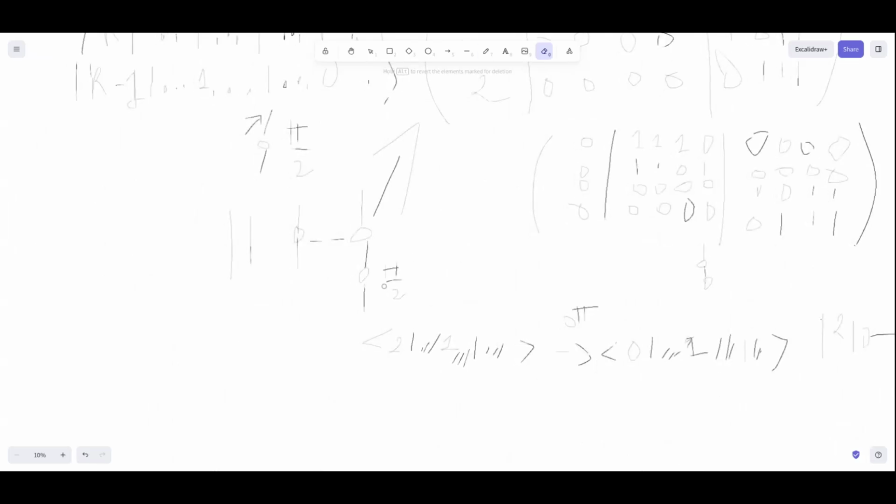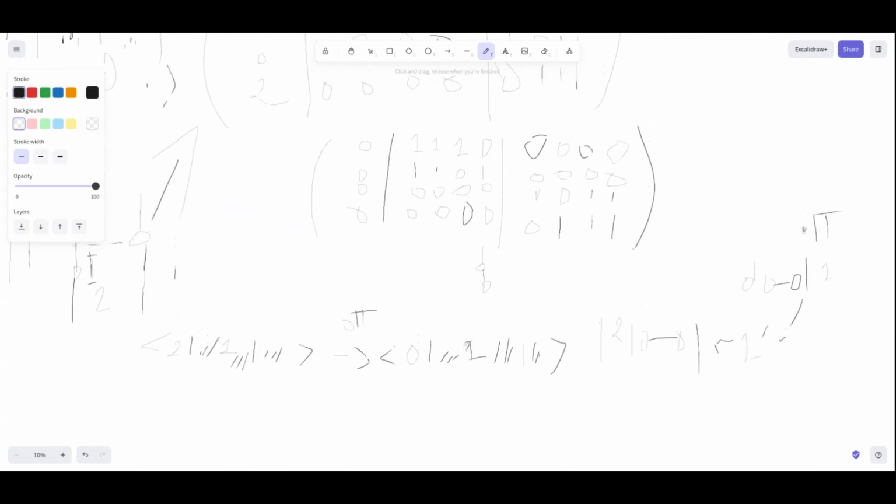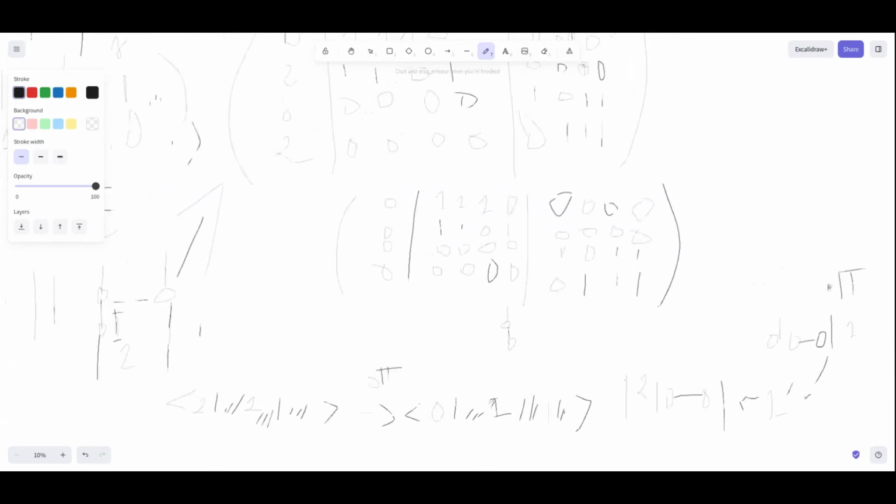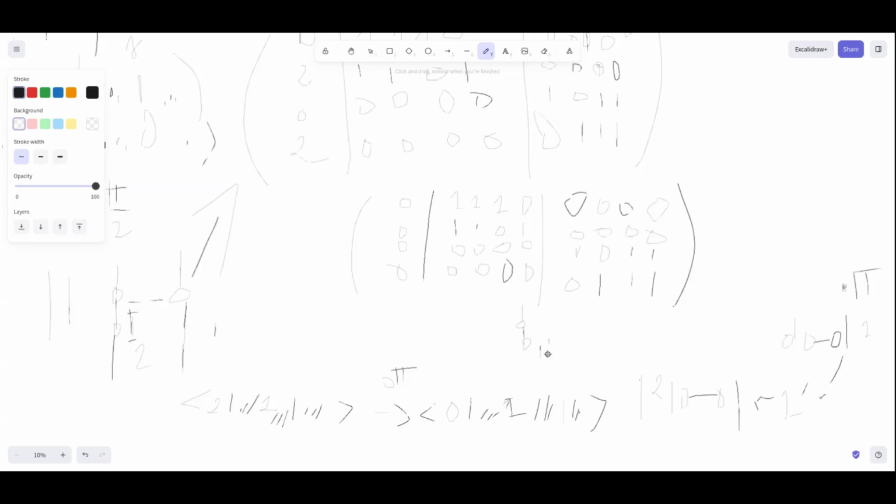So here the pi over 2 is not here, but here. Okay, so here we are. We have pi here, pi over 2 here, and on the second one, so here we have the black pi, and nothing on the first one.